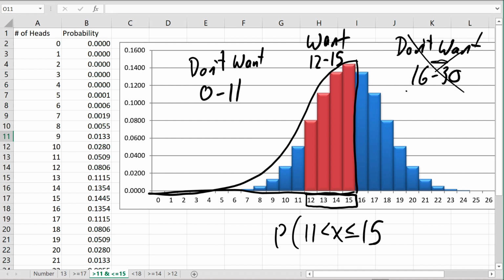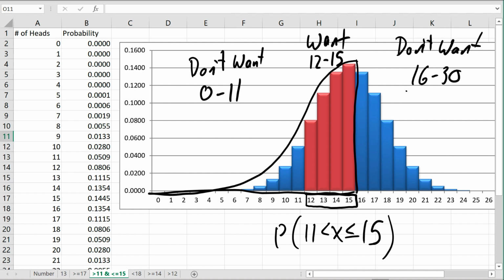All right, so to do that, again, we're finding between 0 and 15. So the probability that x is between 0 and 15, that's 15 or fewer heads if we toss a coin 30 times. That's going to find both 0 through 11, which we don't want, and 12 through 15, which we do want.